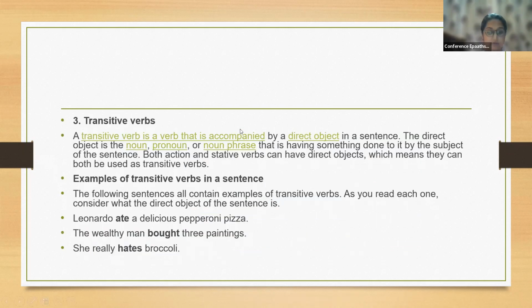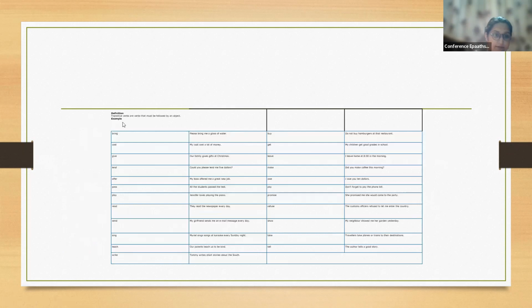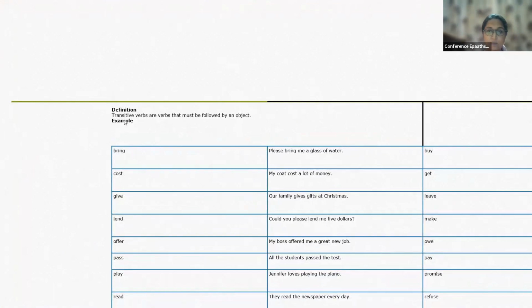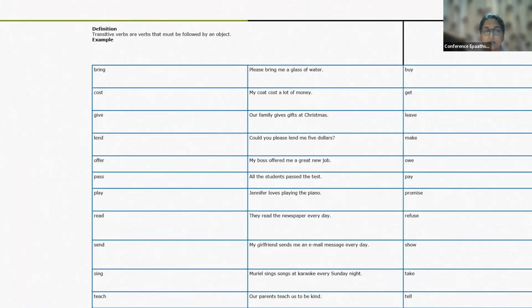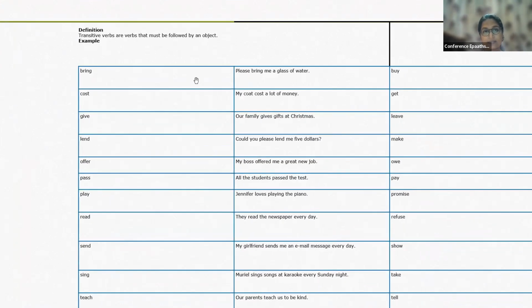Now, it's very small, so I'm zooming my screen. I already told you that transitive verbs are verbs that must be followed by an object. Now, bring. Please bring me a glass of water. So this one is also again a transitive verb.